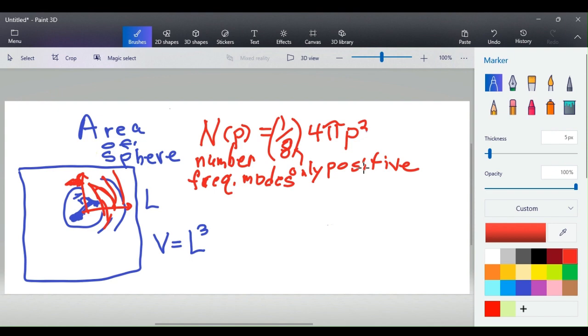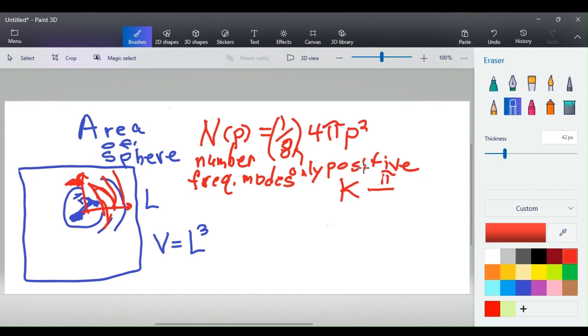Now, what's this P thing? Well, let's go back to the K business. We had the K was equal to 2 pi over, whoops, let me get the eraser out here again.